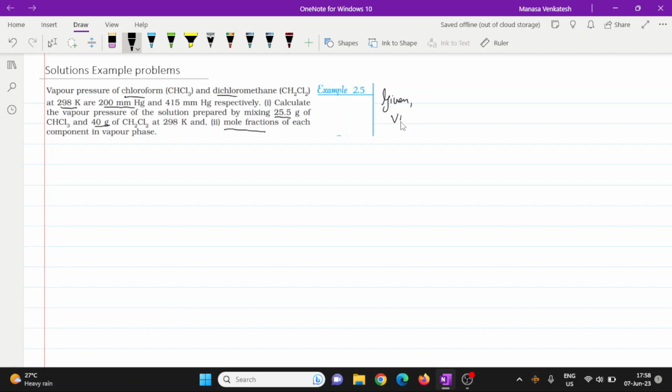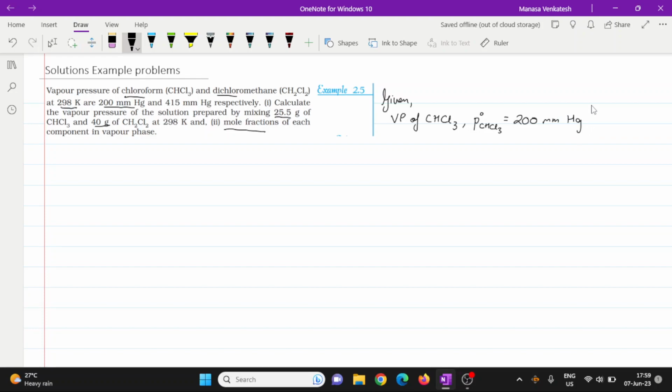So first is the vapor pressure of CHCl₃, which is chloroform. So I'm going to say P naught CHCl₃. Okay, and this at 298 Kelvin is 200 mmHg.